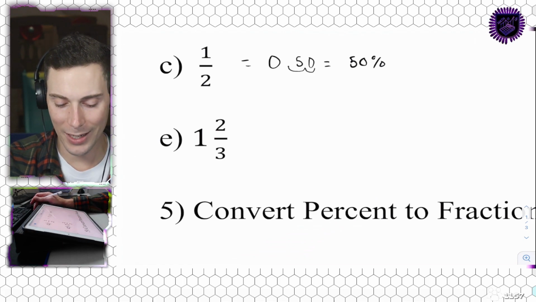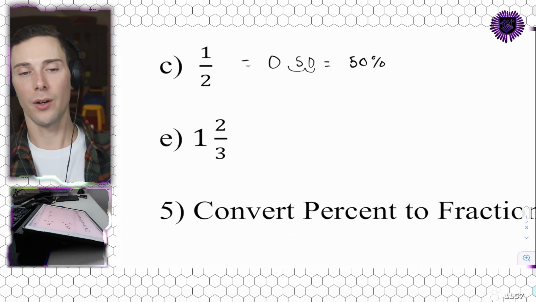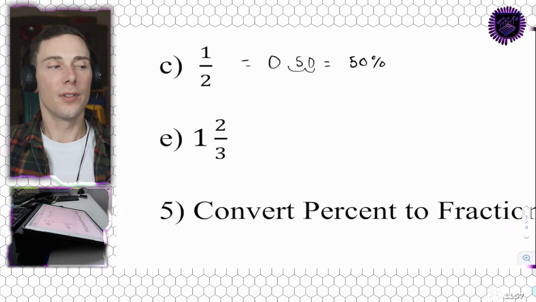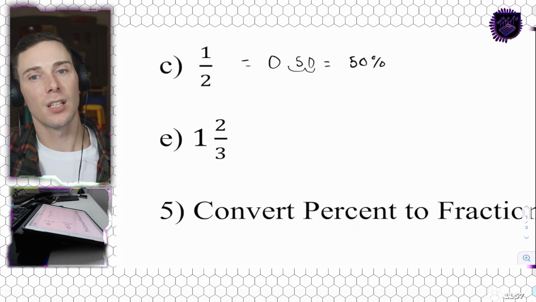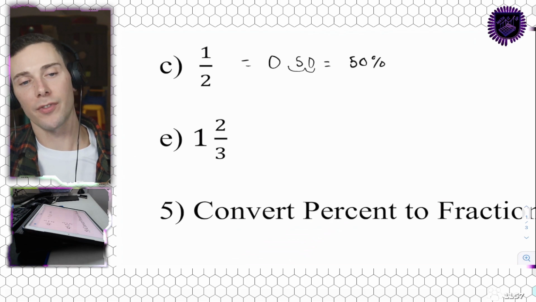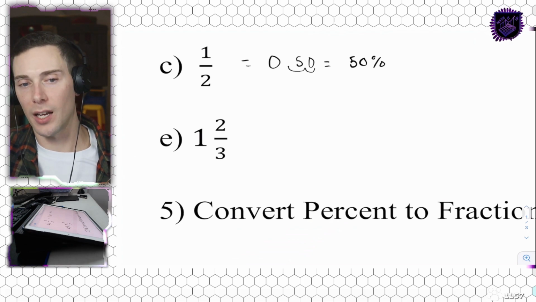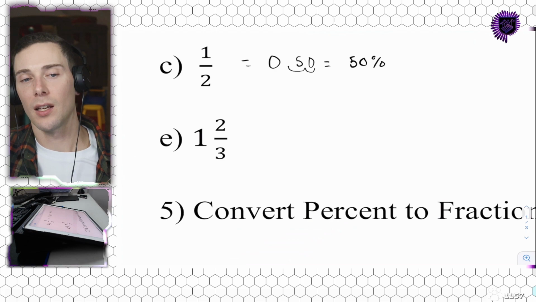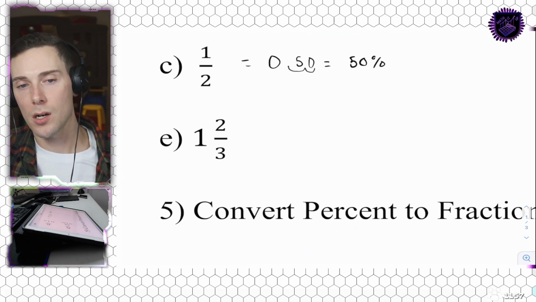Now this one is 1 2/3. Now how do we do this one? I think we're going to need to convert this to an improper fraction, and then divide to get our decimal, and then multiply by 100.